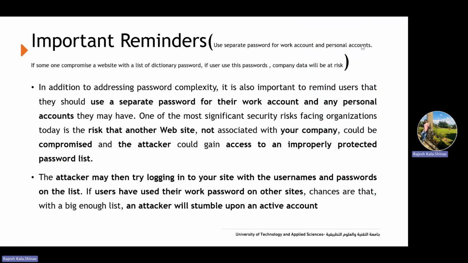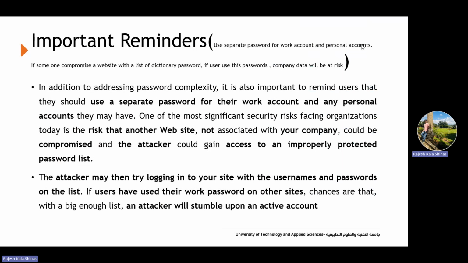Many people keep the same password for all their accounts. Assume I'm keeping the same password for all the accounts. The problem is, if a hacker finds out or guesses the password for your personal account, he can easily get into your official account because you are using the same password everywhere. Another risk is using a dictionary password.